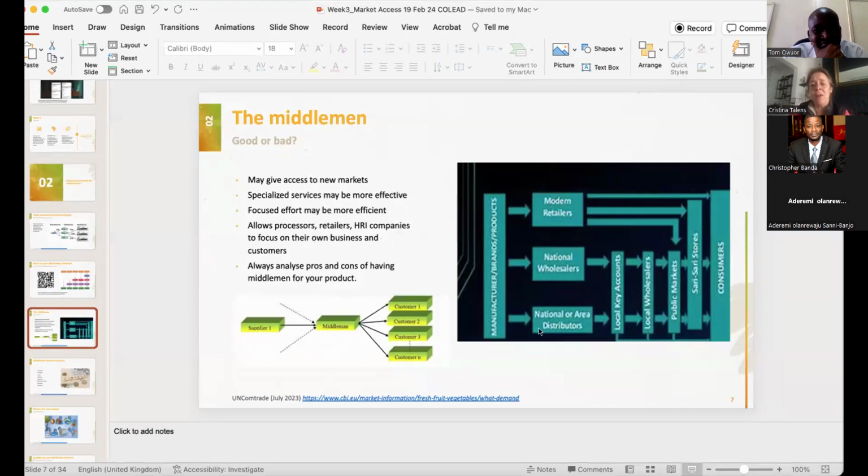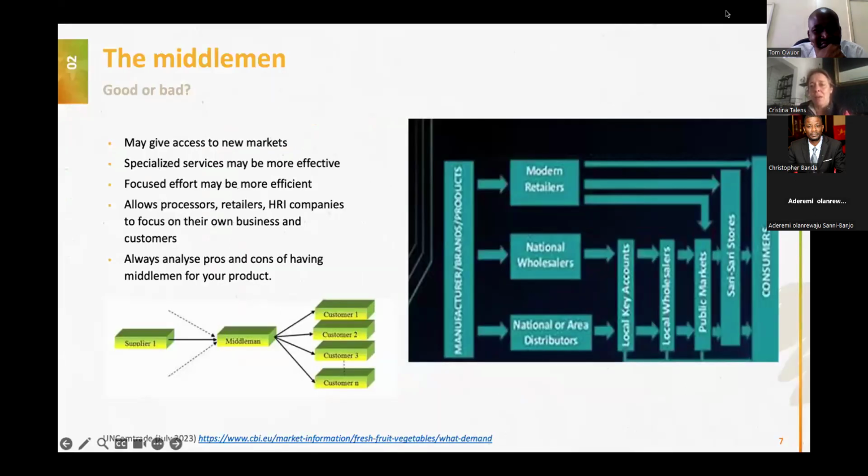And I think Susan did right to point out that when we're talking about distributors or aggregators, there's a need to professionalize the language. People often refer to them as middlemen, but you can see here on the diagram on the right that there is a role for different organizations to do everything in the supply chain. So some of the key advantages of using an aggregator, a distributor, or somebody in that supply chain is they may give you access to new markets.